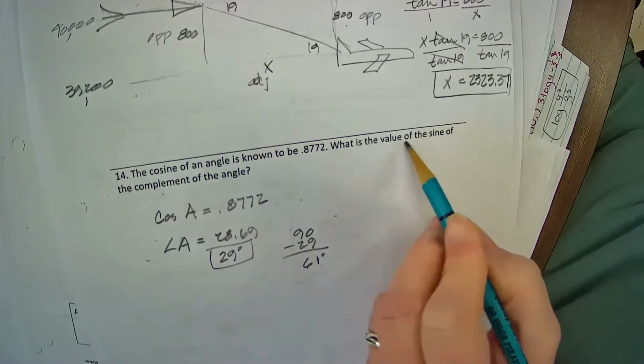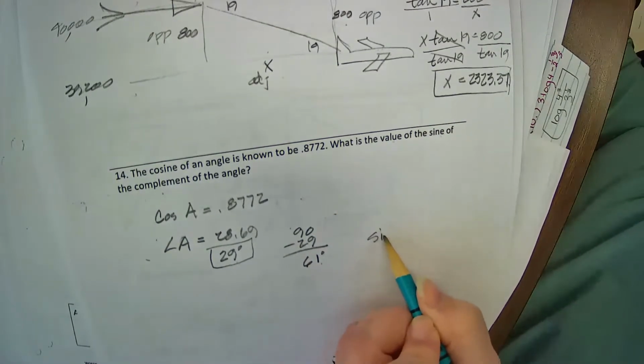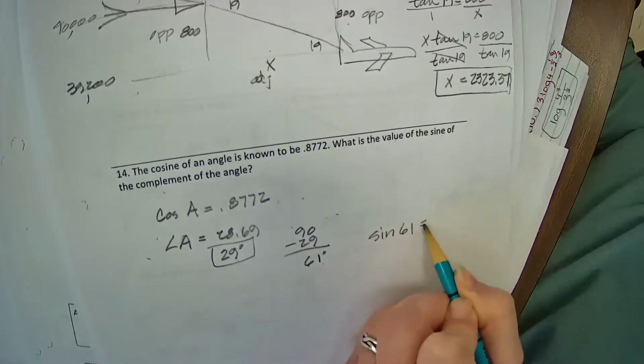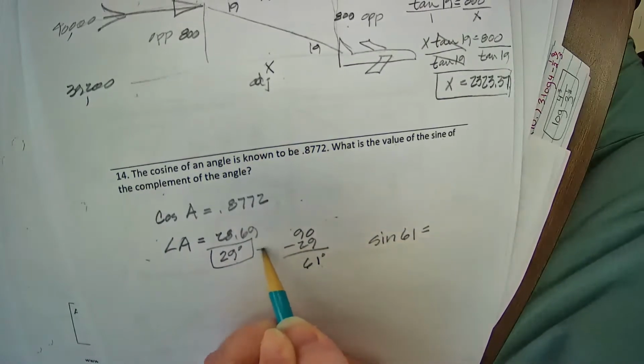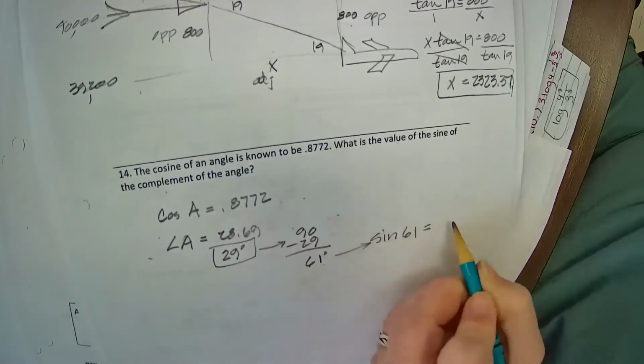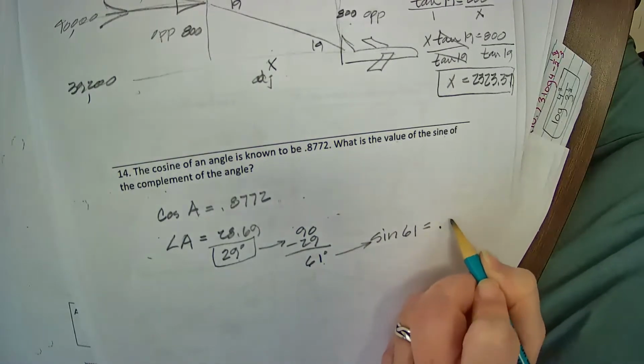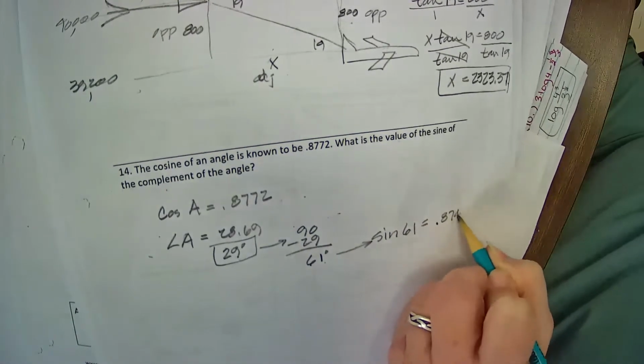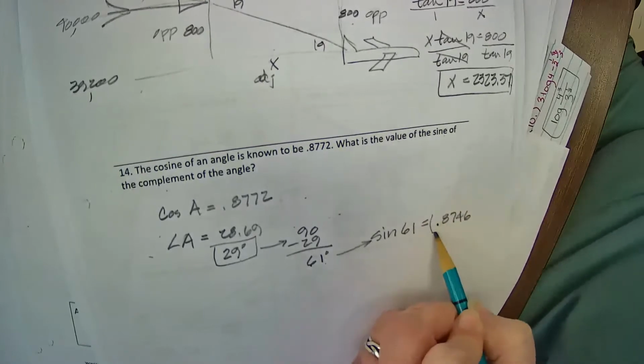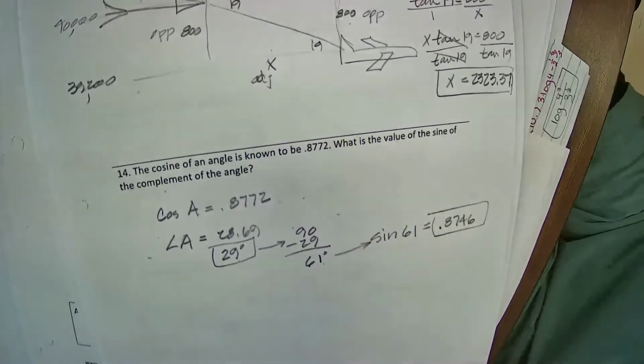Then it says, what is the sine? So I take the sine of 61, and that is 0.87. Okay, 4 places. I know it's confusing. There you go. You got it.